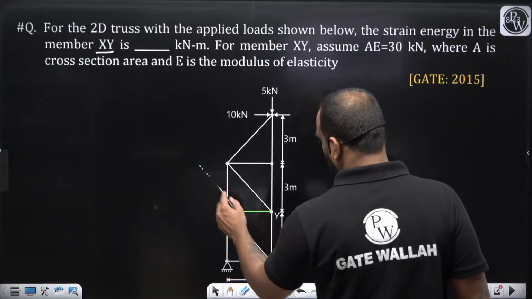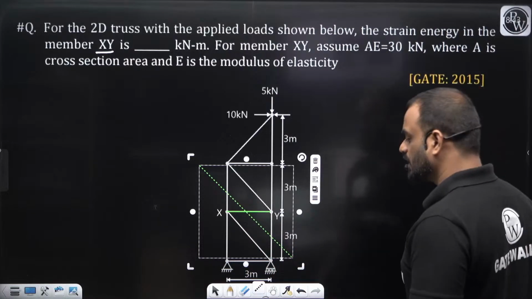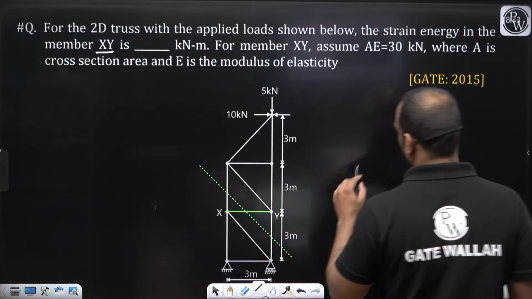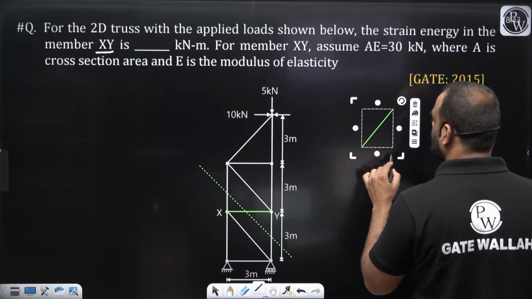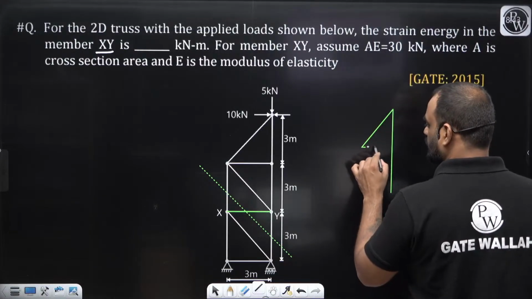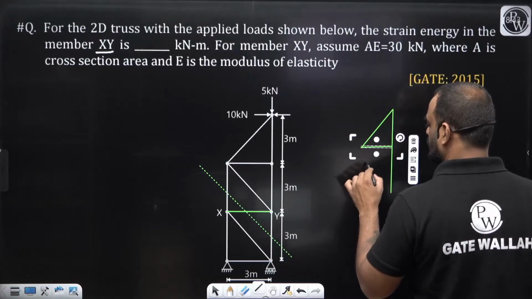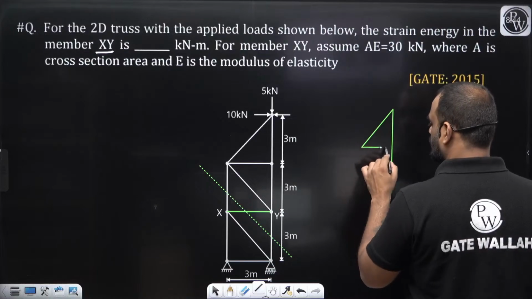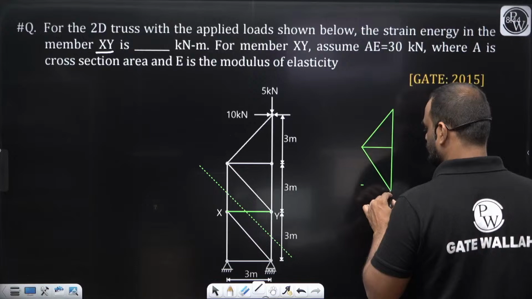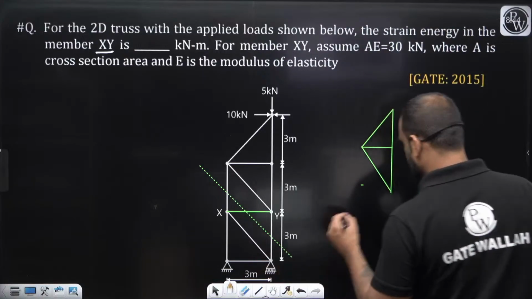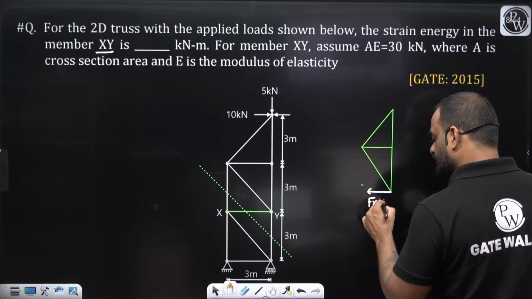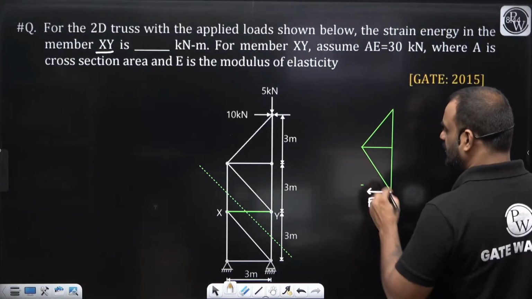So guys, what you have to do, you have to cut a section like this and try to find out the force in member XY. This is Fxy.